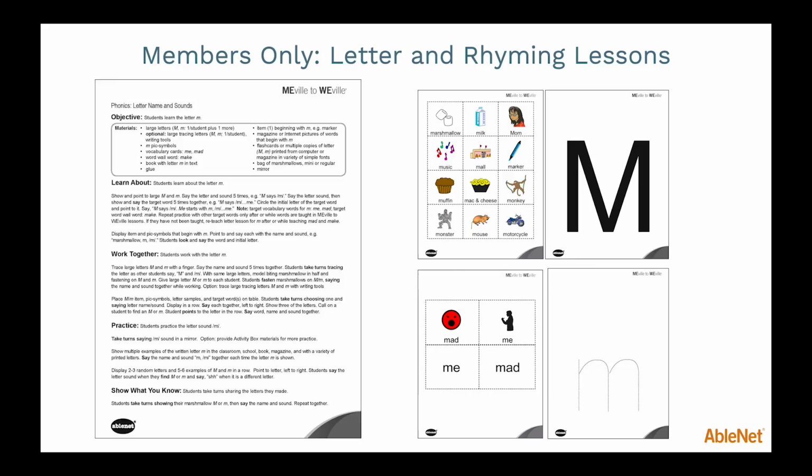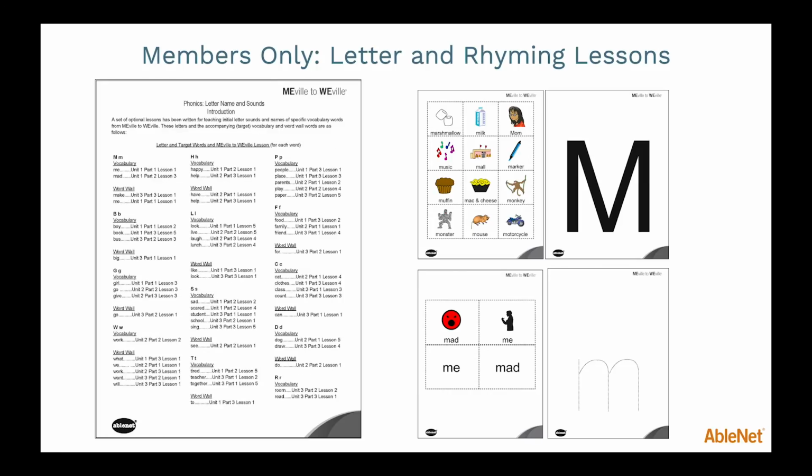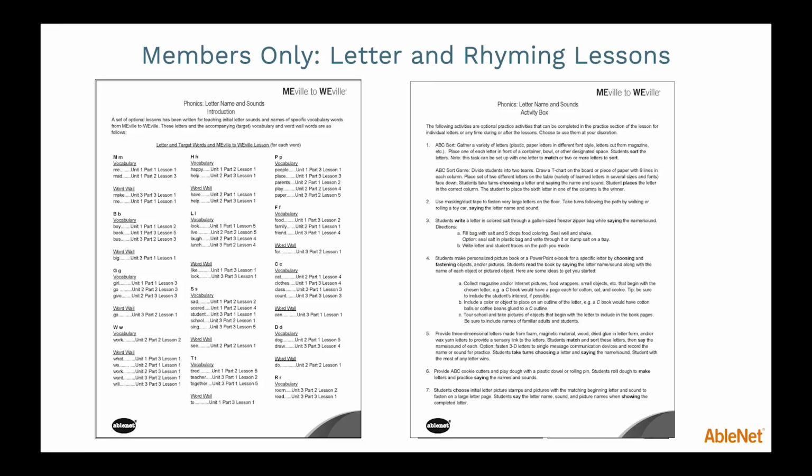The lessons found in this folder are not found in the MEville to WEville Teacher's Guide, but are set in a similar format using the initial letter of vocabulary and word wall words you are teaching in the lessons. Find the letters and words taught, along with the location in the lessons, in the letter lesson introduction, along with activity box activities that are called out in the letter lessons. There is a similar set for rhyming word lessons.